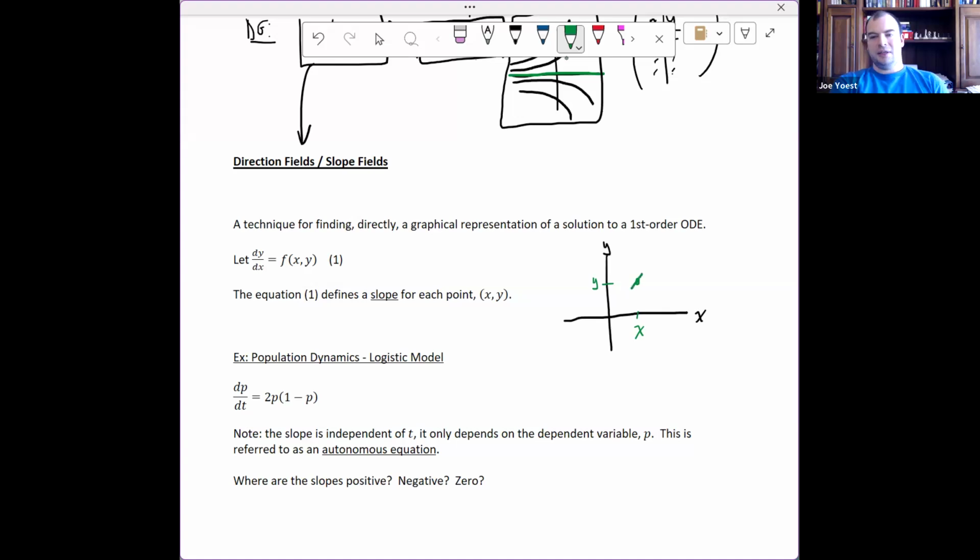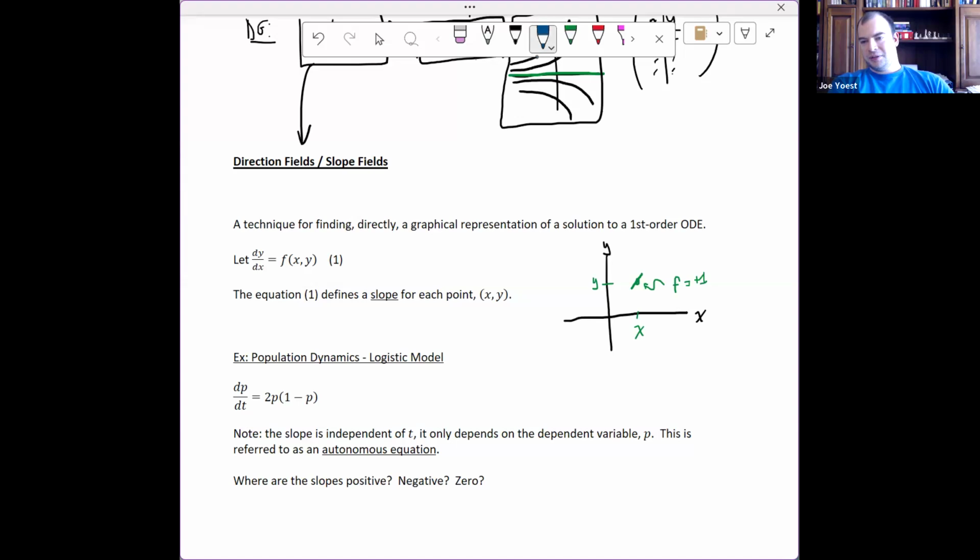It tells me that if I have a solution going through that point, it's got to have slope positive 1, right? Maybe f of x y equals positive 1 for this choice of x and y. And that's locally the slope there. It's the first order approximation to whatever the curve would look like going through that point.